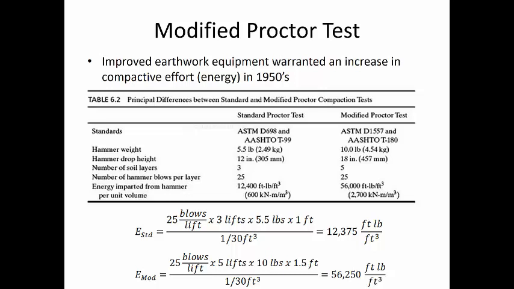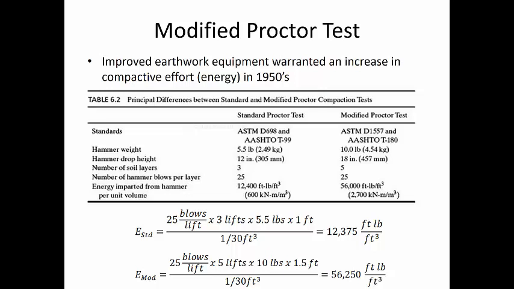As the compacted fill was being tested, equipment was improved, and it was noticed that the standard Proctor test, in certain soils, did not quite allow the maximum amount of energy to be applied to the soil, and many of the tests were above the 100% unit weight, which means that the maximum amount of effort was not put in, and so the most amount of dry unit weight could not be achieved with the standard Proctor test because heavy equipment got bigger, and the methods and the understanding of how to compact soil was better understood once the testing was obtained.